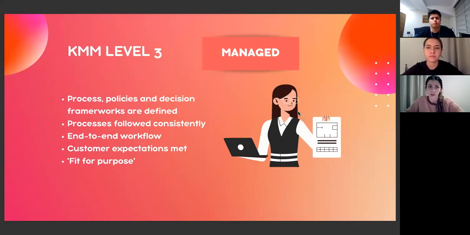At level 3, managed: process, policies, and decision frameworks are defined, and processes are followed consistently. It is fit for purpose, and customer expectations are met at this level.